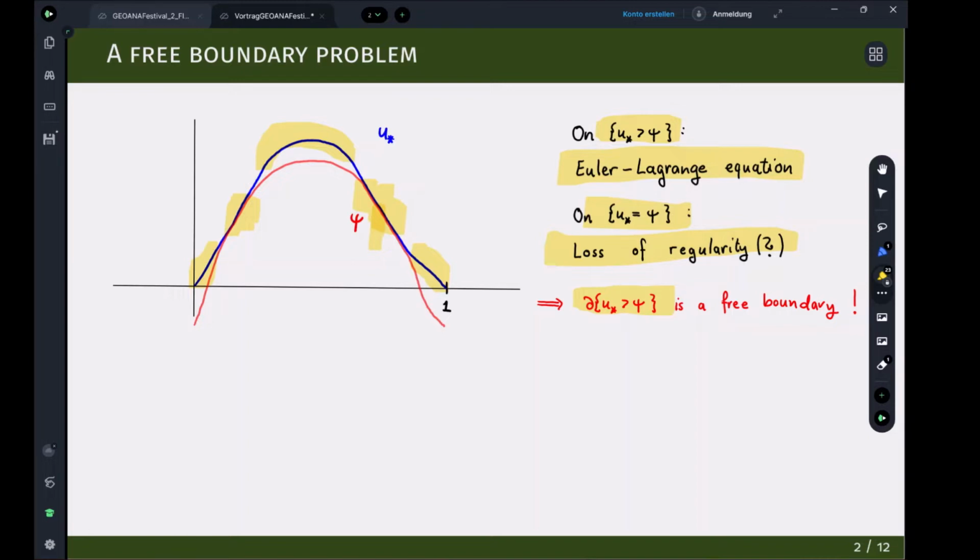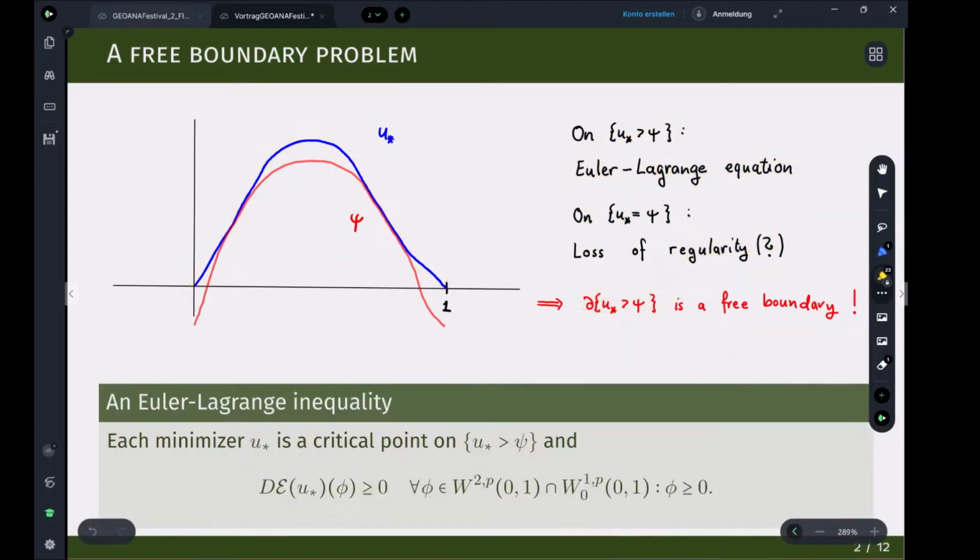You have to know that in order to be able to describe the minimizer, and this imposes a difficulty, and this is basically the spirit of all obstacle problems. Wherever you are bigger than psi, you know that you satisfy the Euler-Lagrange equation. But on the coincidence set, you basically know nothing except that you coincide with the obstacle.